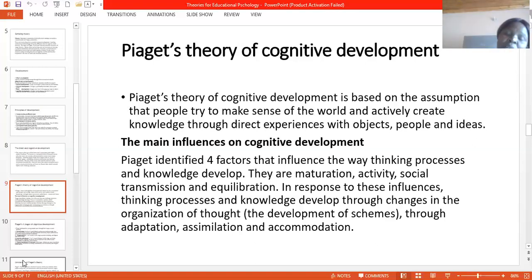Piaget's theory of cognitive development is based on the assessment that people try to make sense of the world and actively create knowledge through direct experiences with objects, people, and ideas. The main influences of cognitive development.